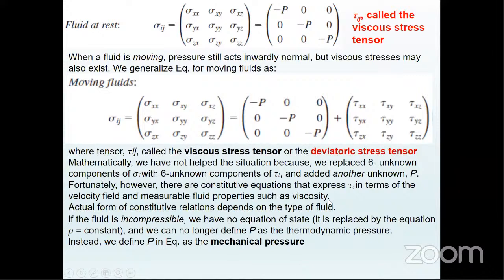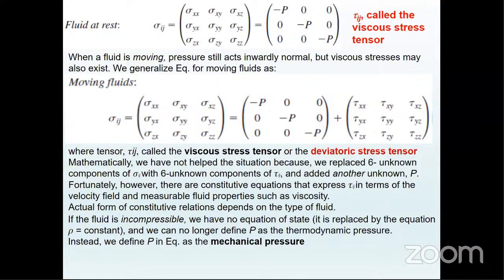Viscosity is measurable, velocity is measurable. The actual form of these constitutive relations depends on the type of fluid, whether ideal or non-ideal, Newtonian, or the other types of fluids we discussed.